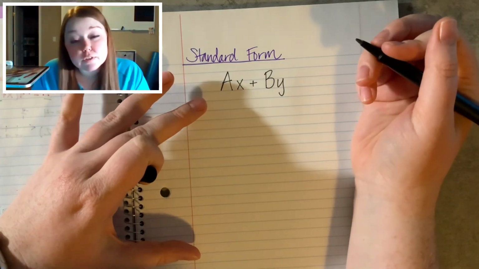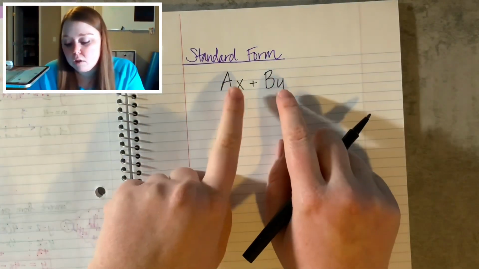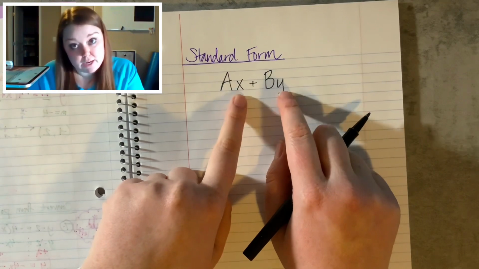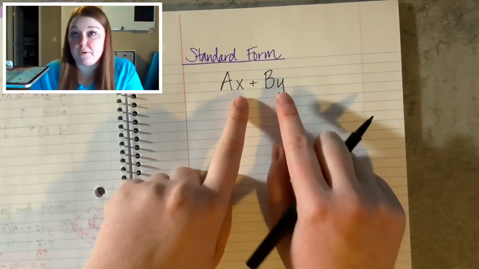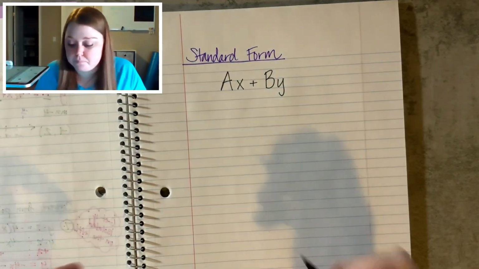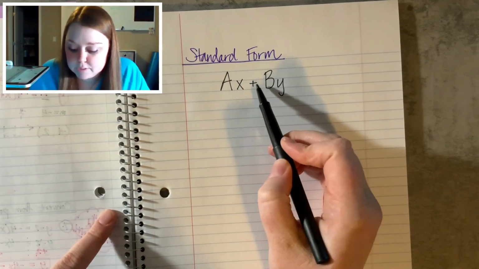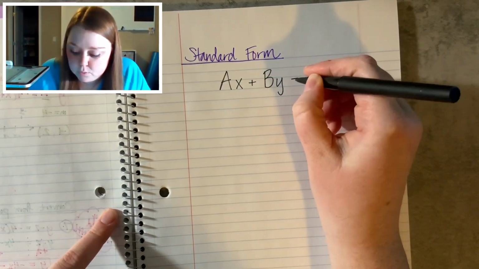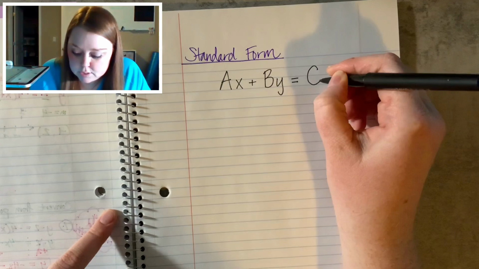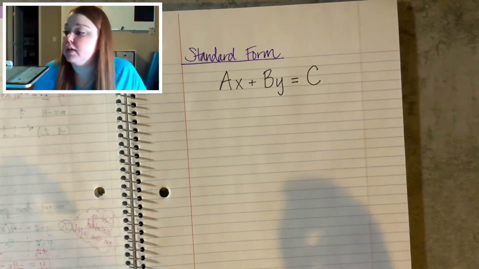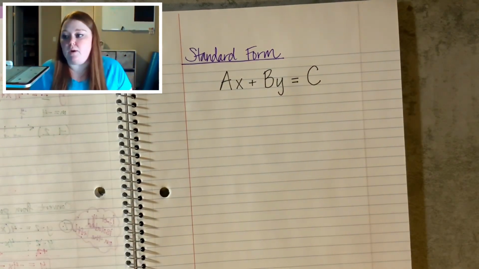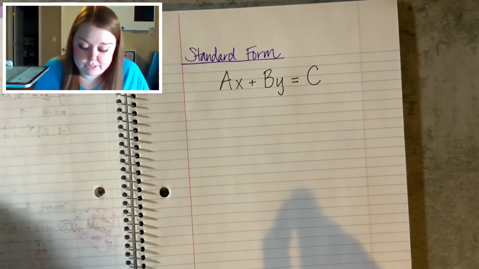All of your linear equations have an x and a y, because a linear equation is a relationship of x and y. So we have Ax plus By equals capital C.